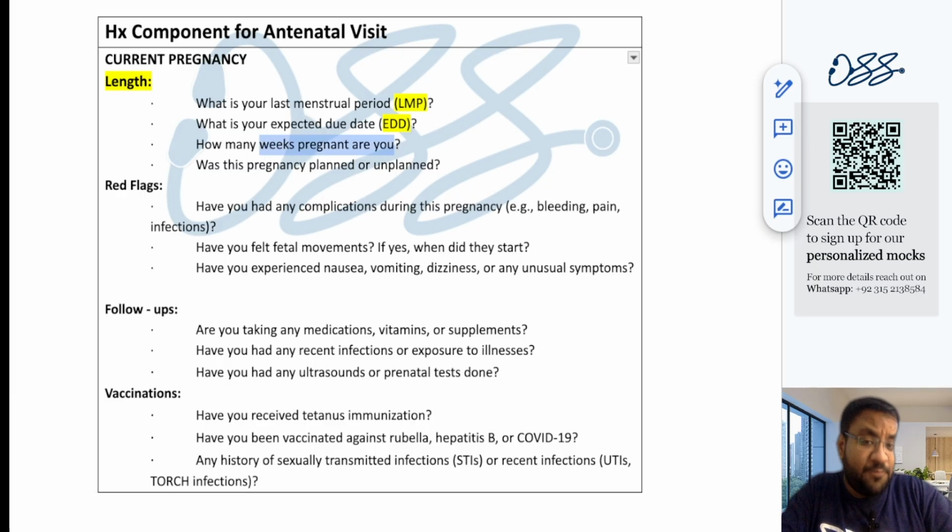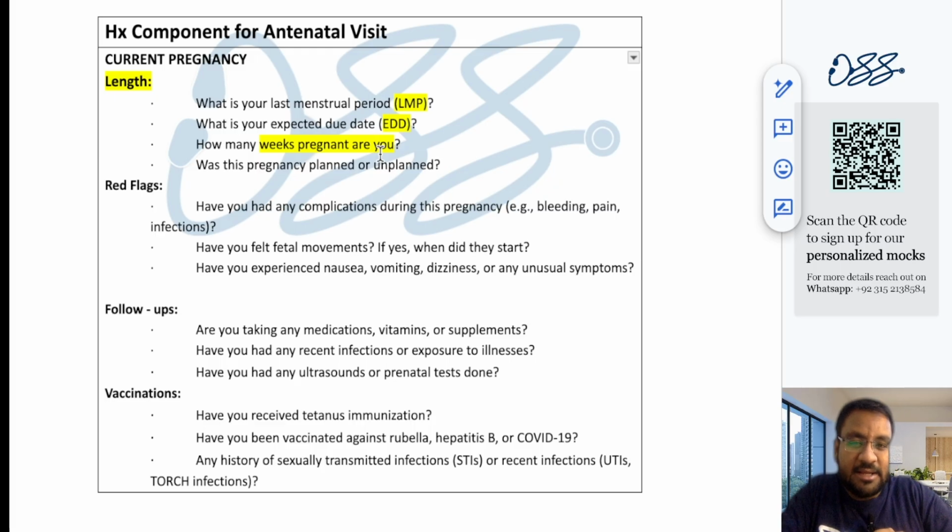So it would be written there in the stem, but you still have to ask it just to confirm whether or not she's actually 32 weeks pregnant, or maybe her last menstrual period was not 32 weeks ago, maybe it was 28 weeks ago. So you just need to confirm the length of the pregnancy. And after you do that, you got to just ask this question very subtly.